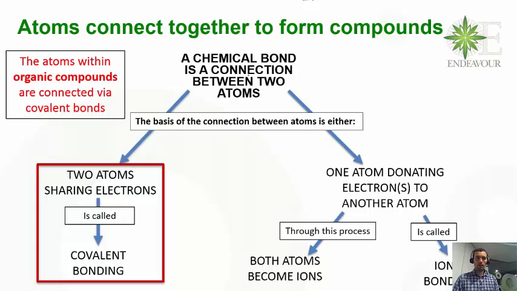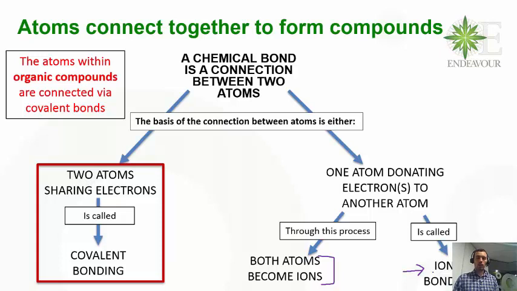So we talked about the different types of chemical bonding in earlier sessions as well. So we can either have electrons being donated from one atom to another, and that actually causes the atoms to become ions. And this is what happens in ionic bonding. So remember, ionic bonding is present in ionic compounds.